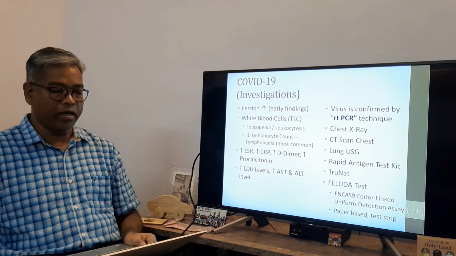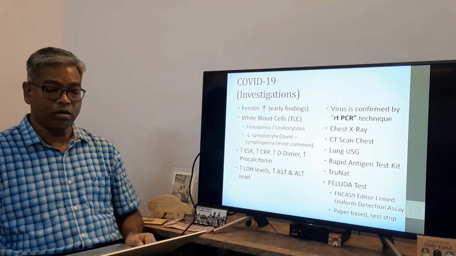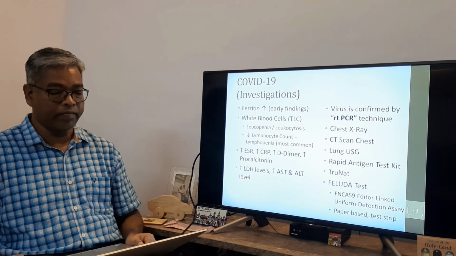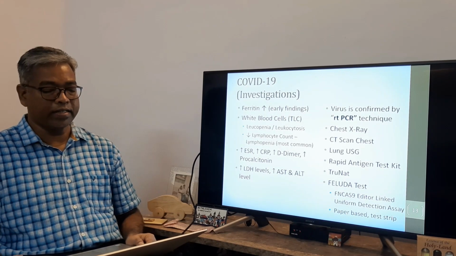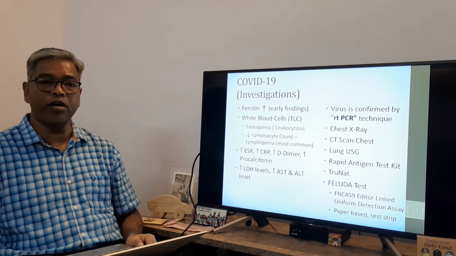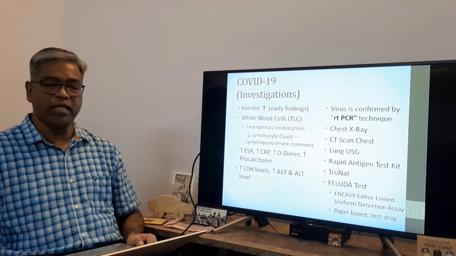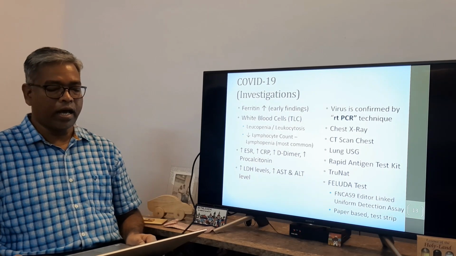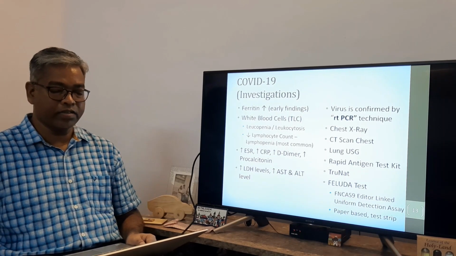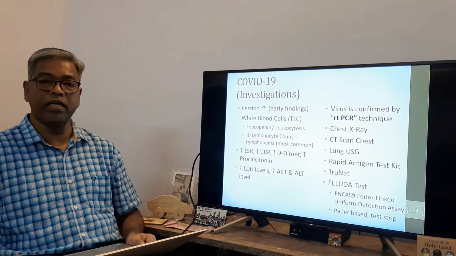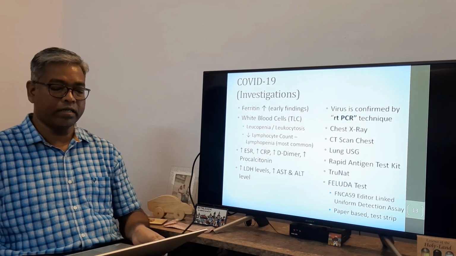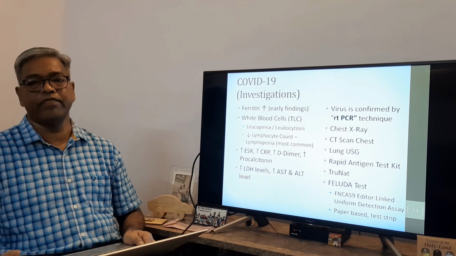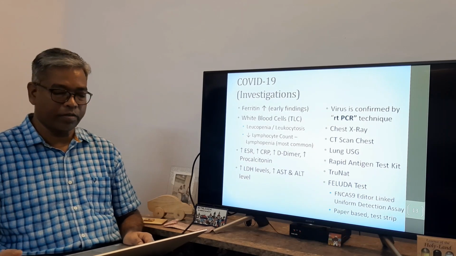So we can make out from there also CBC and TCDC, and then we see there's a rise in ESR. That may not be diagnostic because ESR can rise for many reasons, very common reasons. And we see there is a rise for even CRP, that is also suggestive that there are some infections in the body.